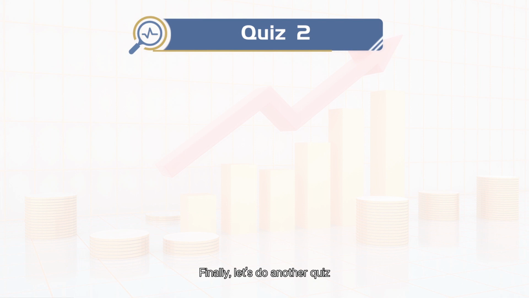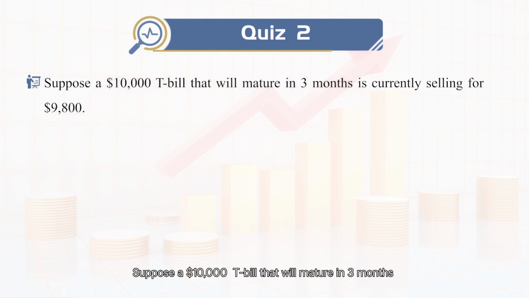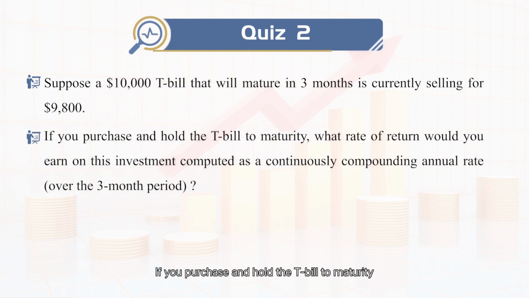Finally, let's do another quiz. Suppose a $10,000 T-bill that will mature in 3 months is currently selling for $9,800. If you purchase and hold the T-bill to maturity, what rate of return would you earn on this investment computed as a continuous compounding annual rate?